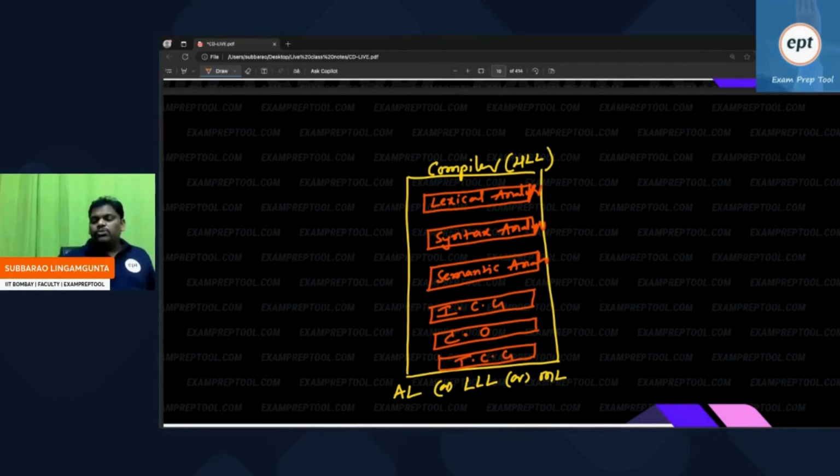Compiler is a very big software which will take high level and give low level. But when you say very big software, a very big code is available, so I cannot write the total code in one function. They divided the total program into many functions.